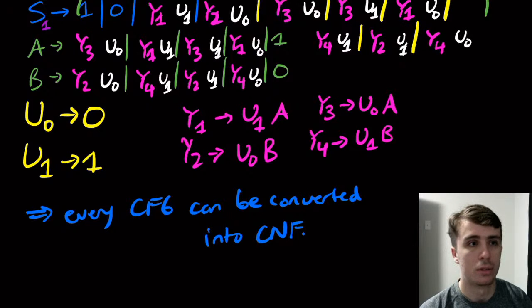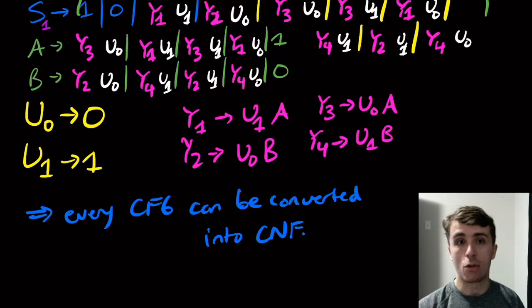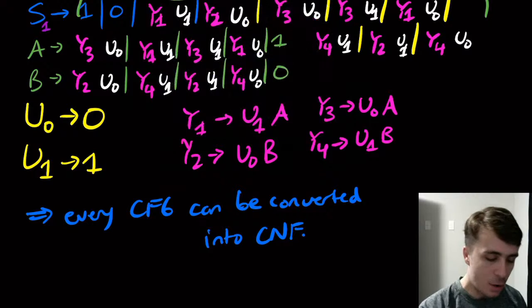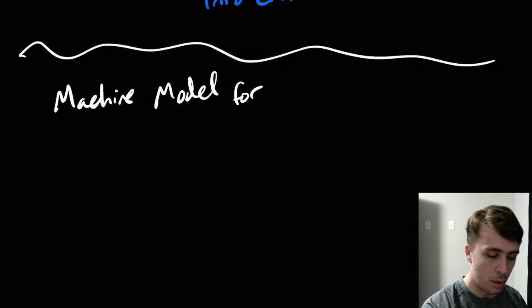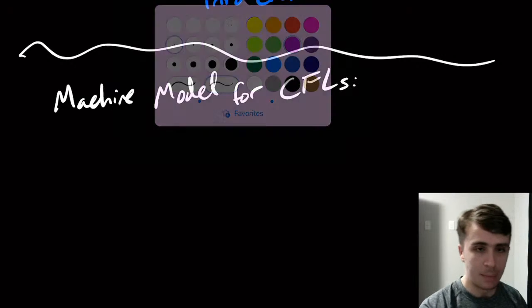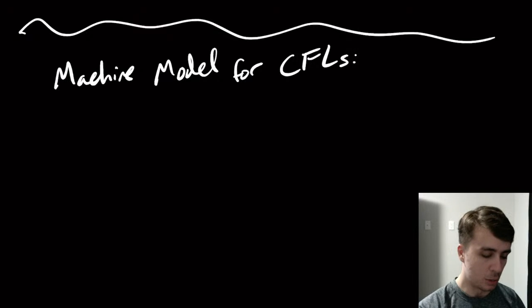Where are my notes? Okay, so we just showed that we can convert any grammar into Chomsky Normal Form. And I now want to talk about a machine model for the context-free languages. I'm going to skip the motivation on how this model's created, and just jump straight to the point.